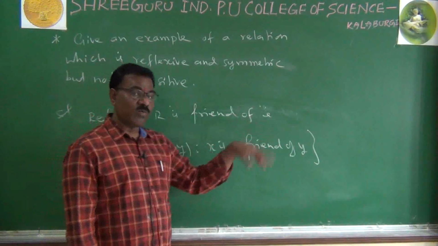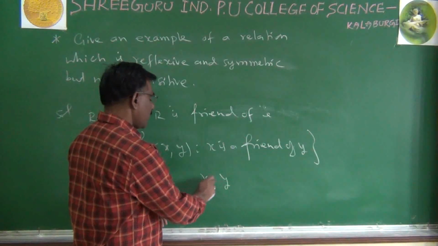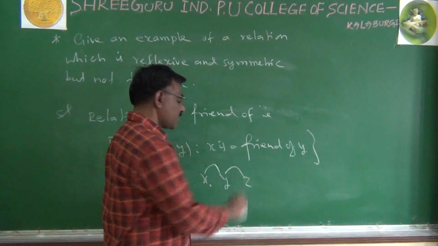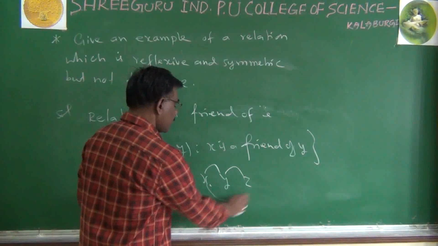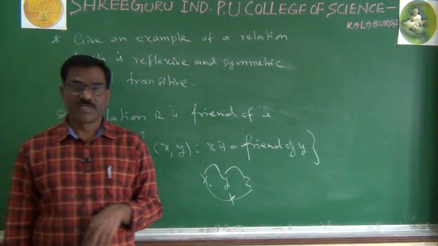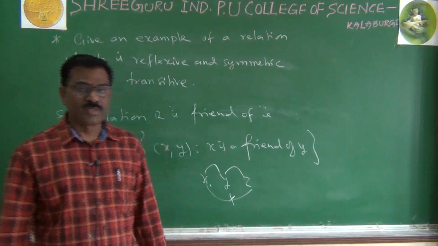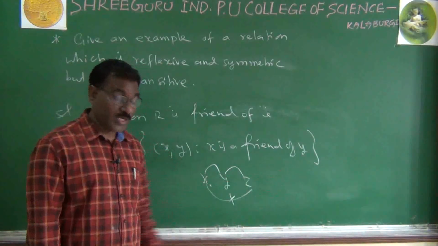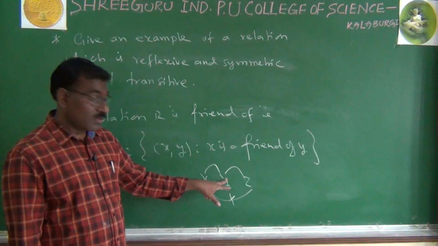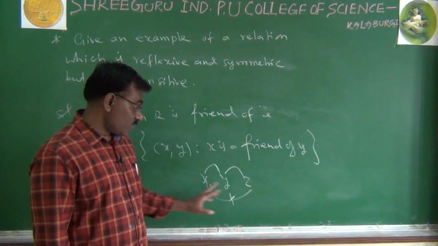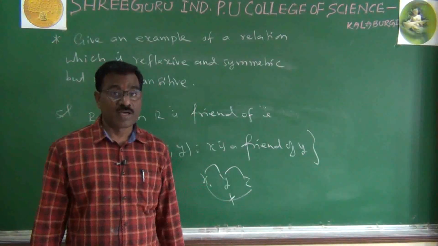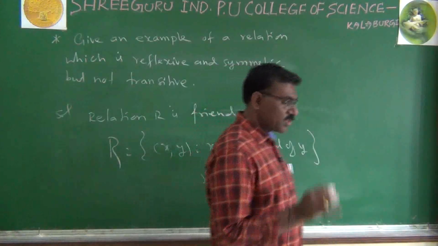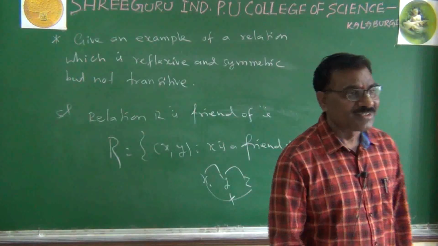But X is a friend of Y, Y is a friend of Z, not necessarily X is a friend of Z. Maybe sometimes, sometimes not a friend. So this is the example of reflexive, symmetric, but not transitive.